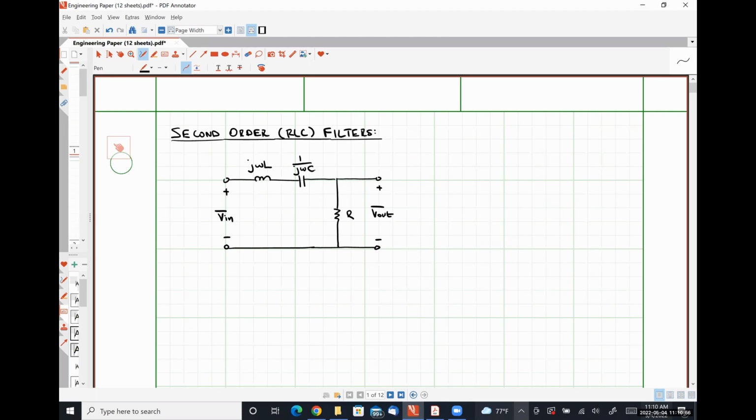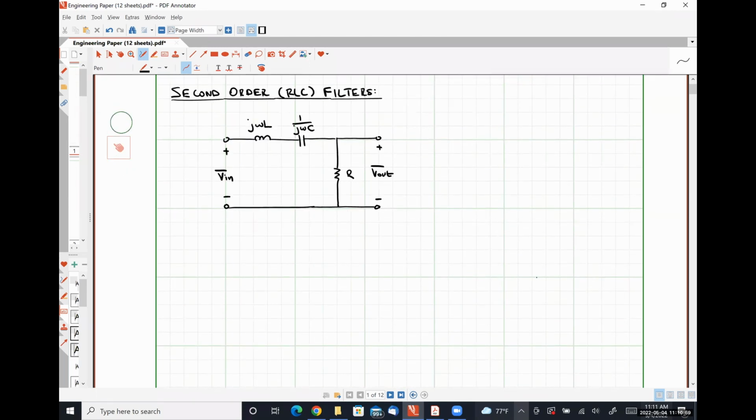All right. So I am going to write that as H of omega is equal to R divided by R plus J omega L minus 1 over omega C, where I'm lumping the impedances of my inductor and capacitor together into a single impedance.